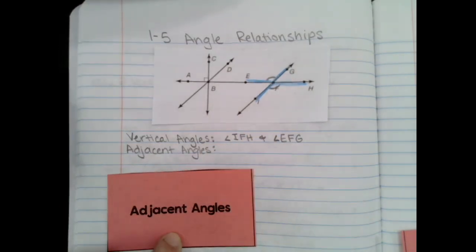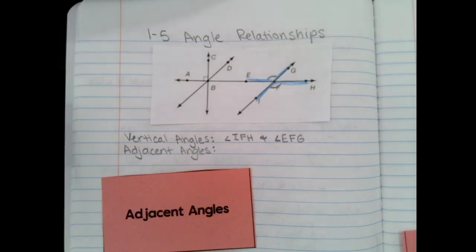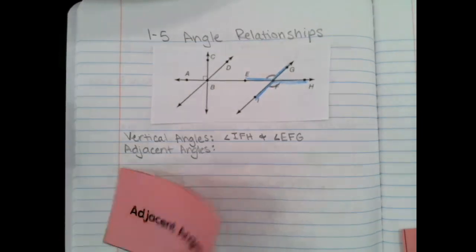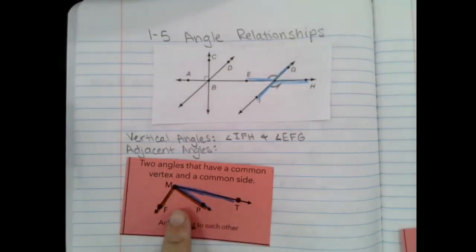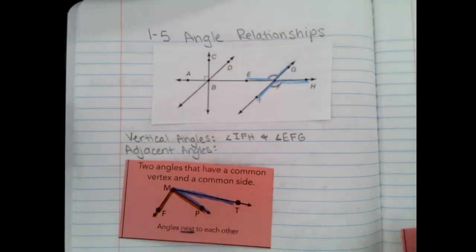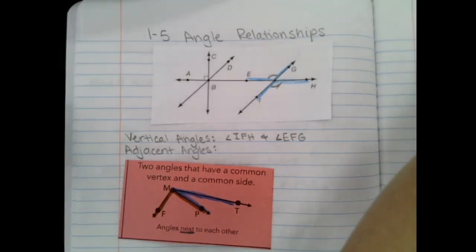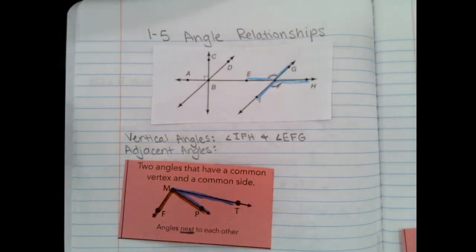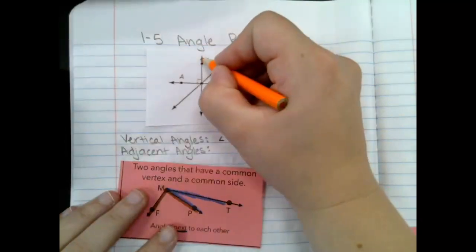All right, let's find adjacent angles. So adjacent angles, we're going to be looking for angles that are next to each other. We have a common point in between. So let's pick that CBD. That's one that Camille picked earlier.